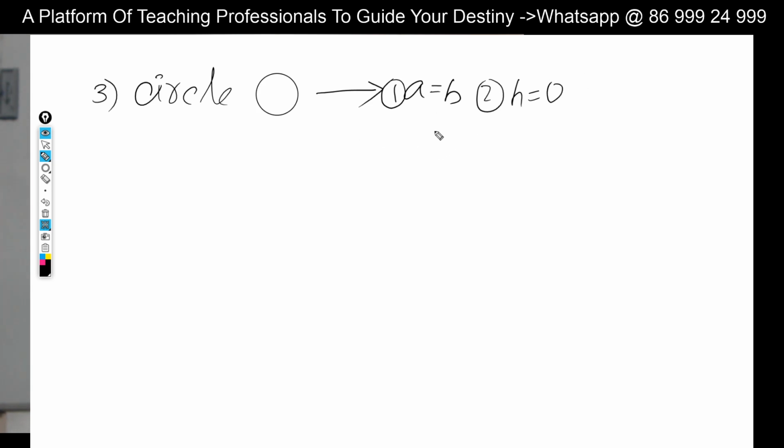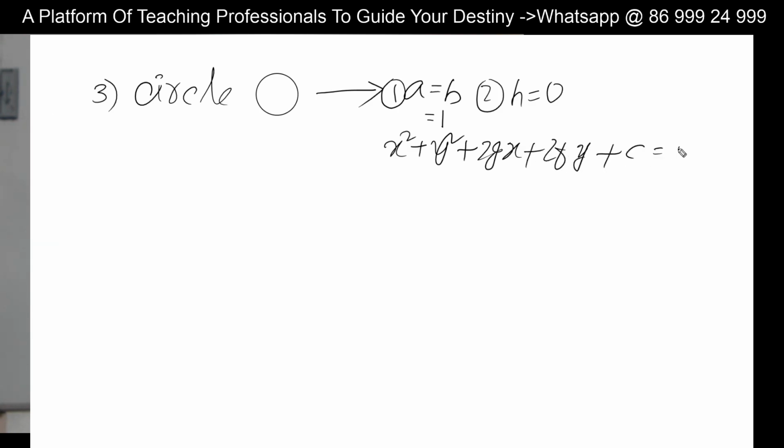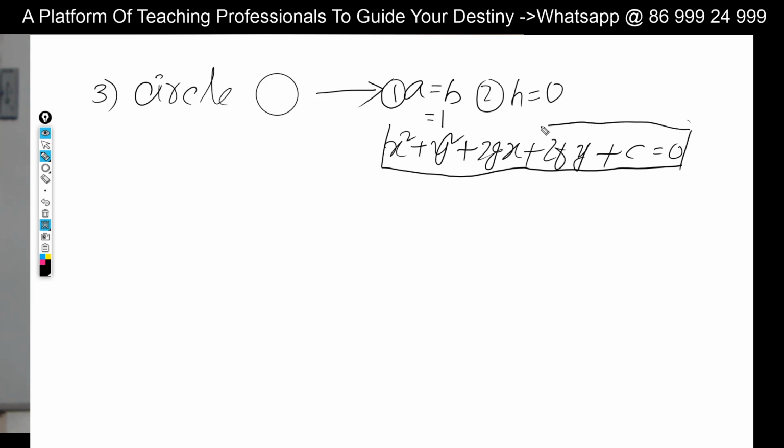By applying these conditions to the second degree non-homogeneous equation, for the sake of convenience we can take a is equal to b is equal to 1. Thereby the equation becomes x square plus y square plus 2gx plus 2fy plus c equal to 0, which is known as the standard form of the equation of a circle.